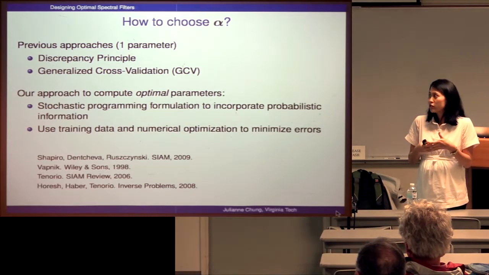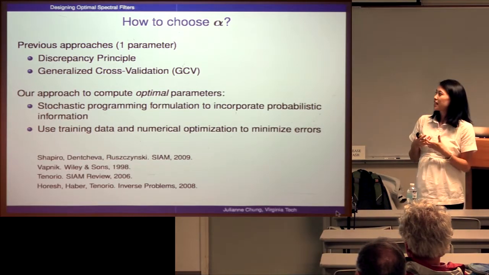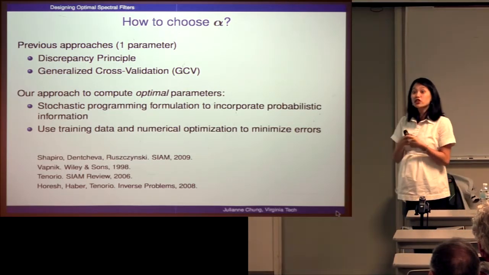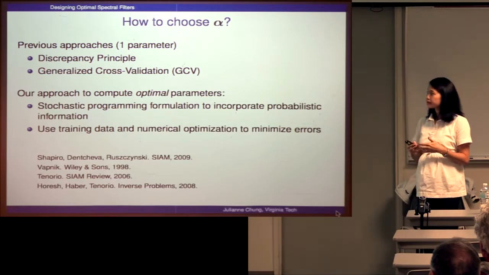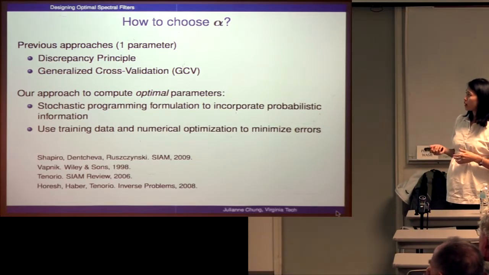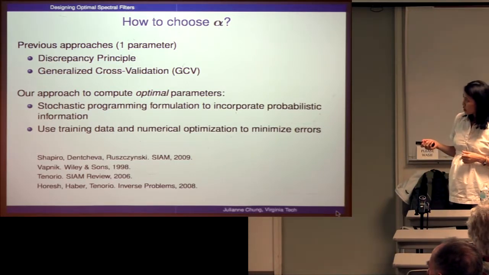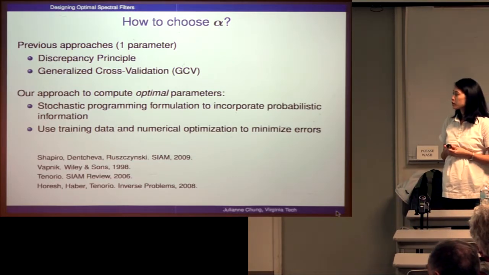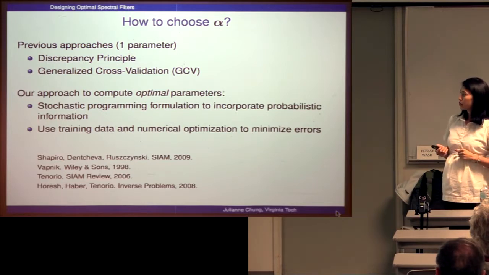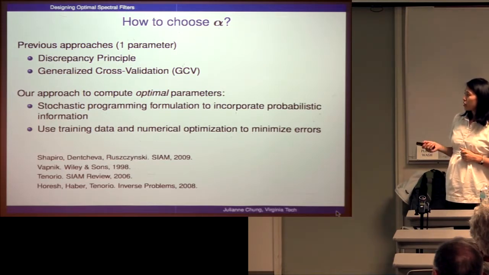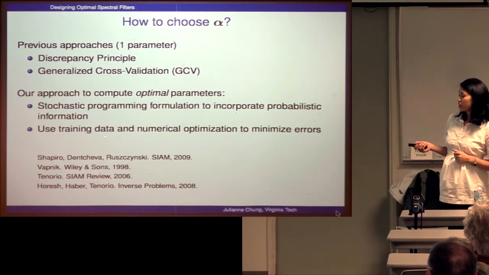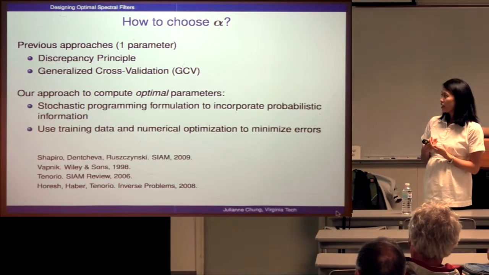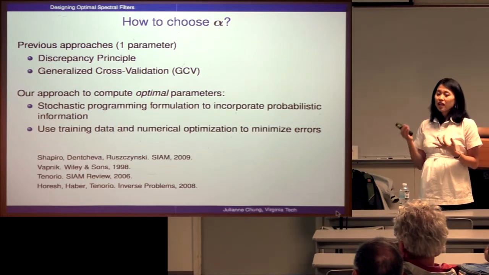We want to generalize this idea and compute optimal parameters, and I'm going to use training data to do that. So we reformulate the problem so that we can use stochastic programming or stochastic optimization to compute these optimal parameters or optimal filters, and we're going to use training data in order to do this.